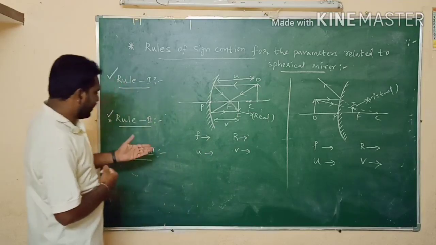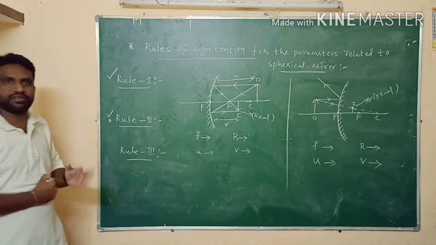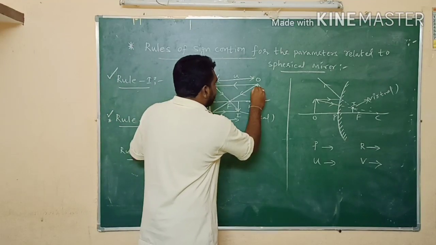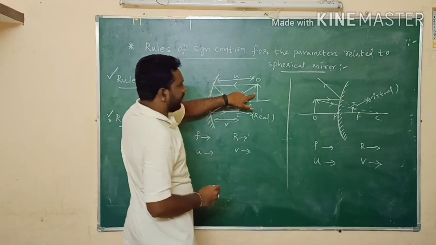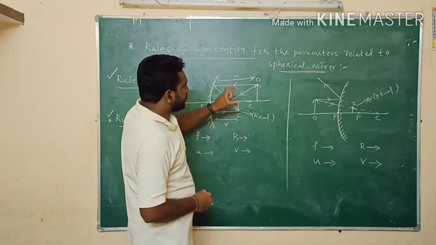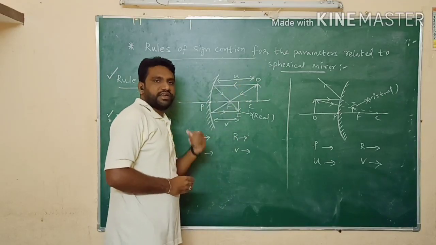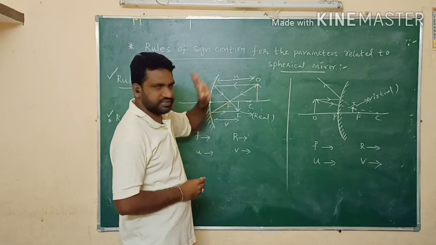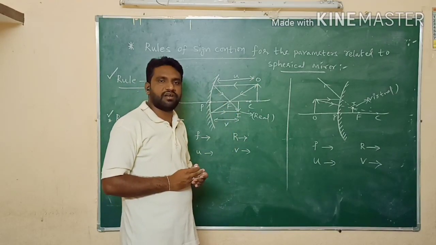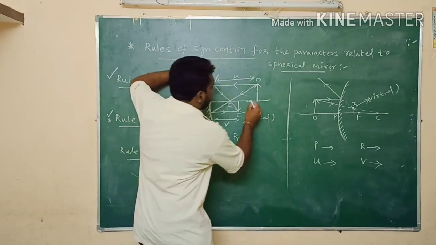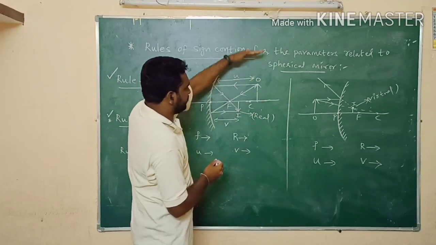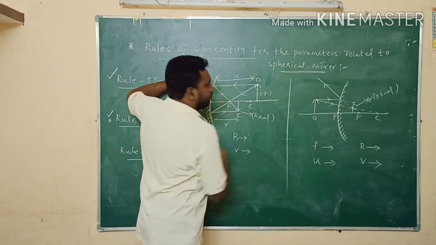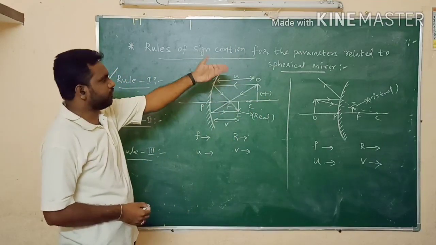That is the rule. The last one, rule 3, is very easy, like rule 1. In this diagram, this arrow represents the object O. If we measure the size or height of the object or image above the principal axis, this is the principal axis, it becomes positive.